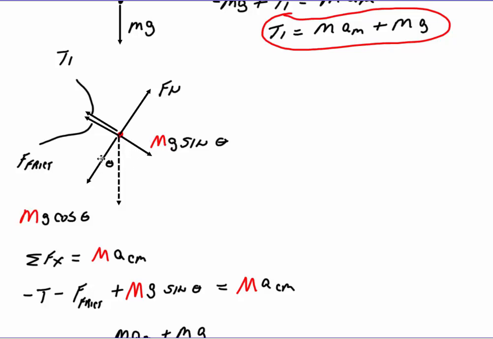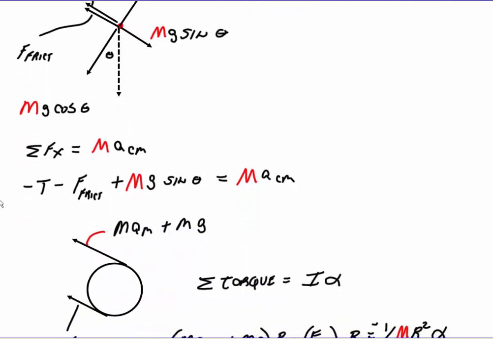This one, which I don't really have to worry about, would be mg cosine theta, and then F normal would equal mg cosine theta. So I said the summation of forces in the x direction, meaning this is the x direction, would be minus T1 minus my friction plus mg sine theta must equal M times the acceleration of the center of mass of this big M.